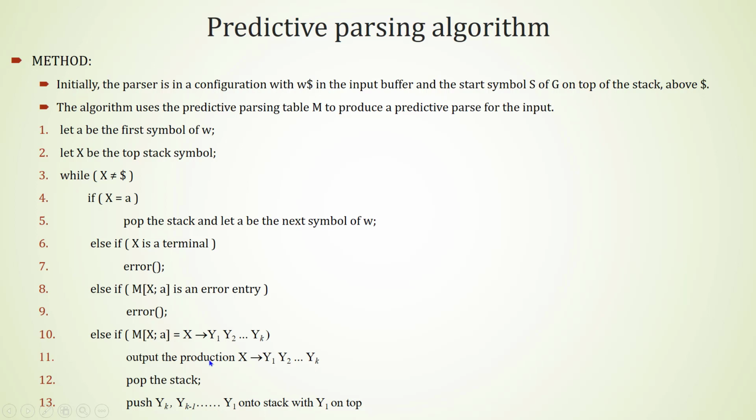When we see the example, it will be more clear. In the initial setup, in the input buffer, we will store the input string followed by a dollar. One more thing, in the stack, above the dollar, we will place the start symbol. So that's the initial configuration. I will try to explain with the help of an example.